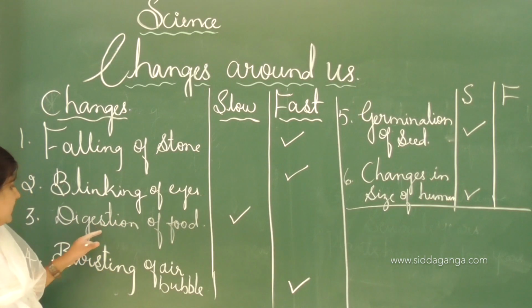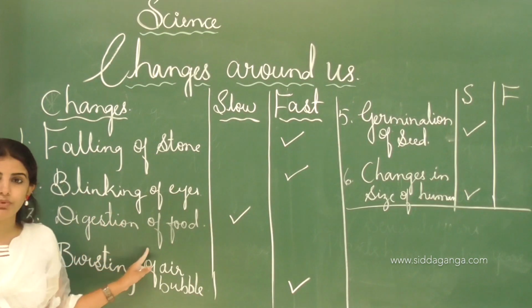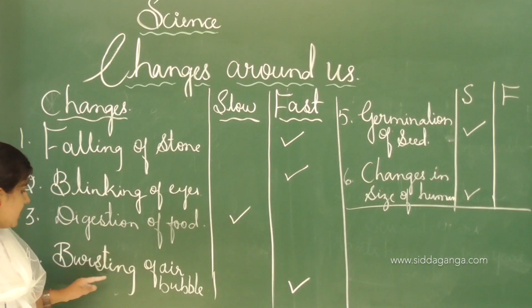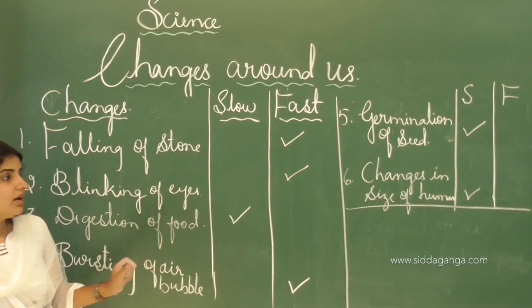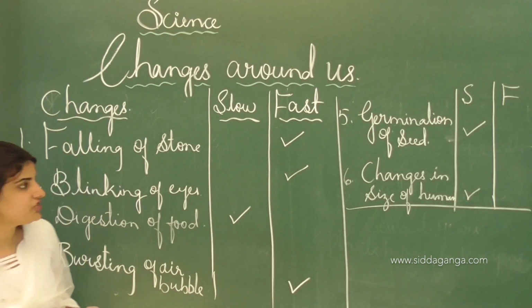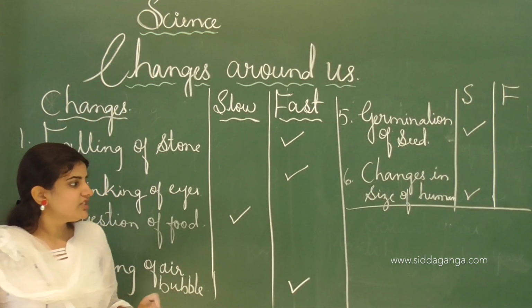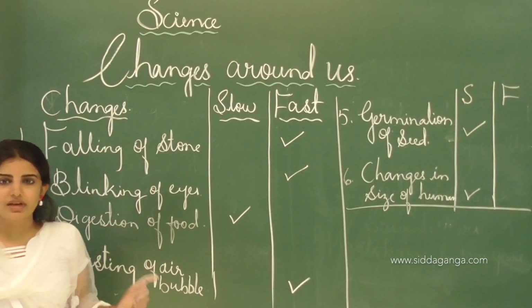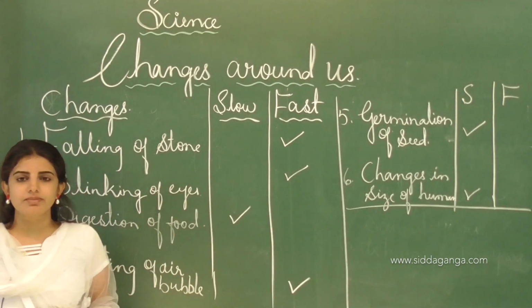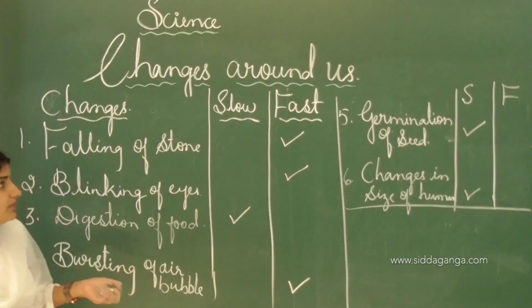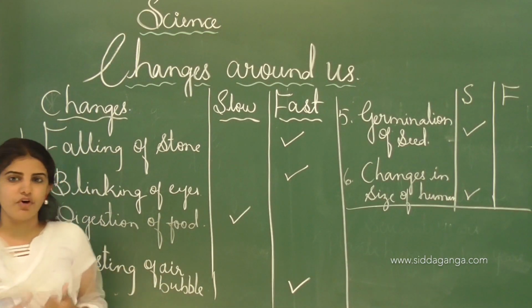Digestion of food in our body is a slow process. Bursting of the air bubble is a fast change, and the germination of seed is a slow process. Change in the size of a human is also a slow process where growth and development take place. See, this is all about the slow and the fast changes.